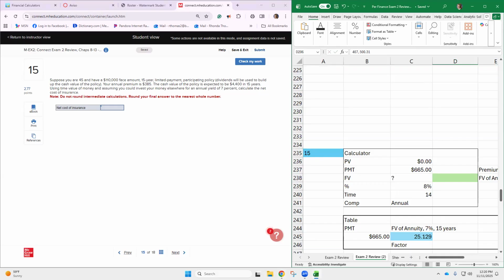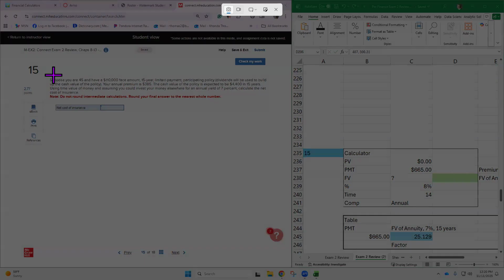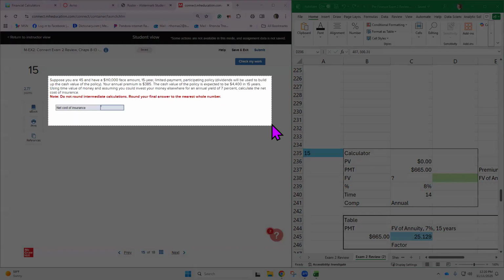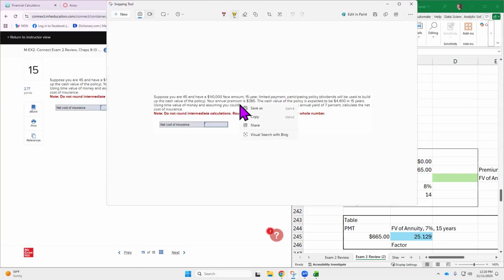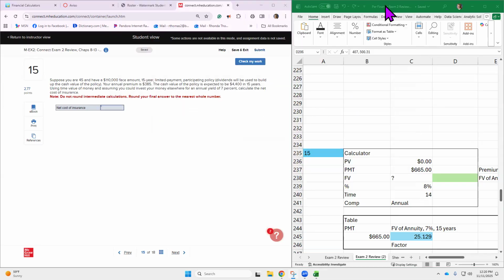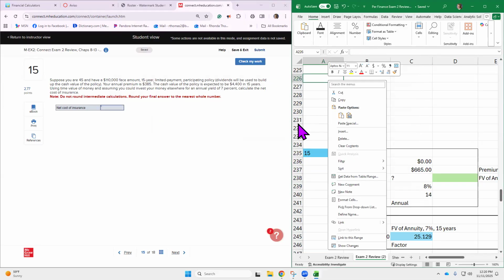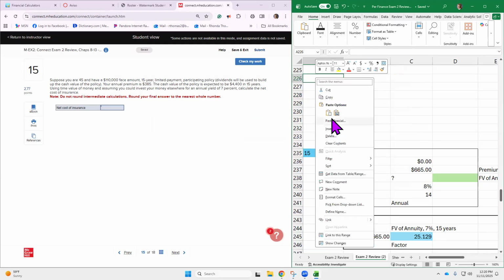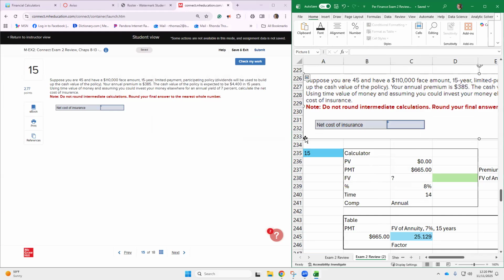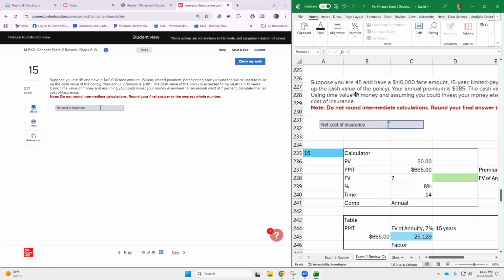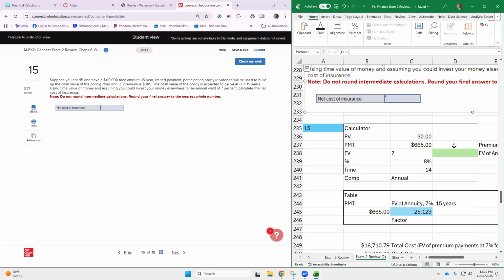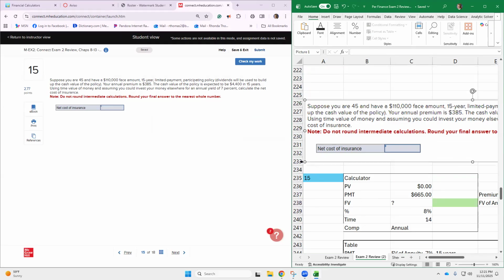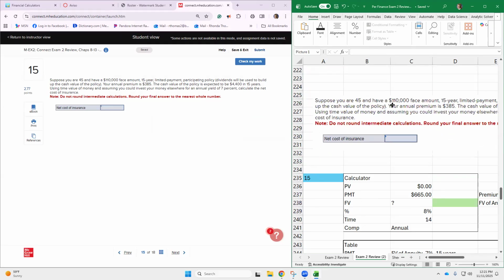But if I wanted to, I could grab this problem and put it up here so that I could keep track of it better. So we're trying to find the cost of the insurance.